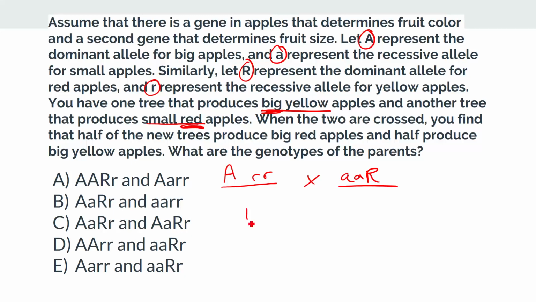Now it's telling us half and half are big red and big yellow, right? So what would this genotype look like as far as we can deduce? Do your best. Big and red.